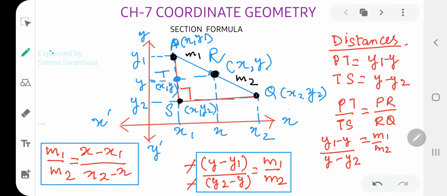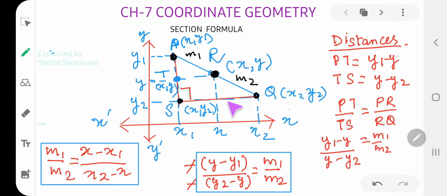Now children, first of all we will see what distances we can calculate easily. First we will find the coordinates of the points that we have here. This point is given as x1. As we have dropped the perpendicular, it will directly hit the x-axis at x1, and this point, when I join it with the x-axis, will definitely be x2 because the coordinate given is x2.